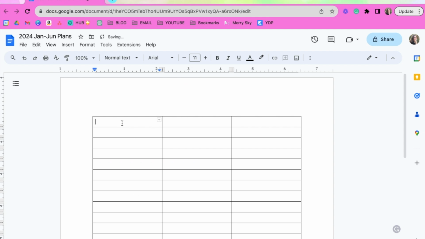All right, so this first column is going to be our dates. The next one is going to be the unit. And this one is just going to be for notes so that as you're planning, if you think you need to remember something, or this is really helpful too when you are teaching it, to remind yourself for next year, you don't need to take as long or you need to take longer, maybe do something different. So that's really great.